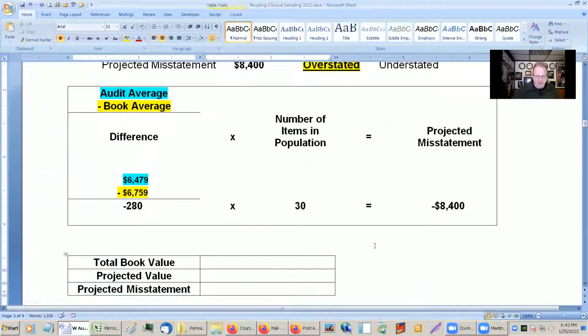Now it gets tricky though, because we have a book value of 200,000. We have a misstatement of 8,400. And so we have a projected value of what? What would be the projected value?